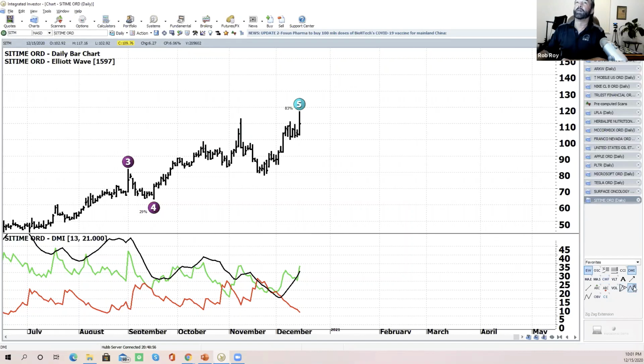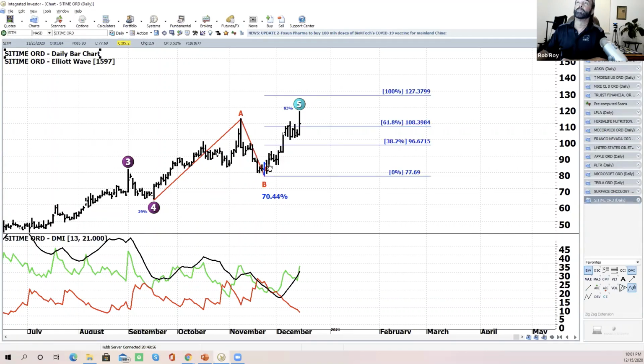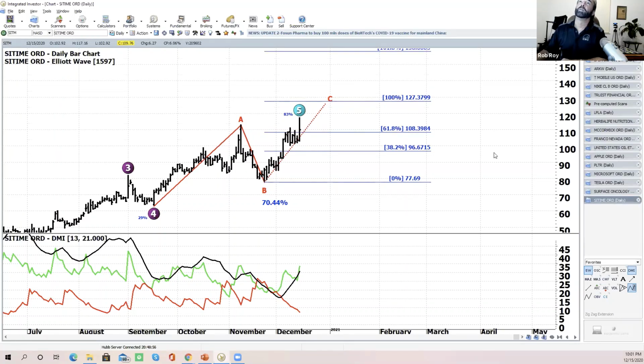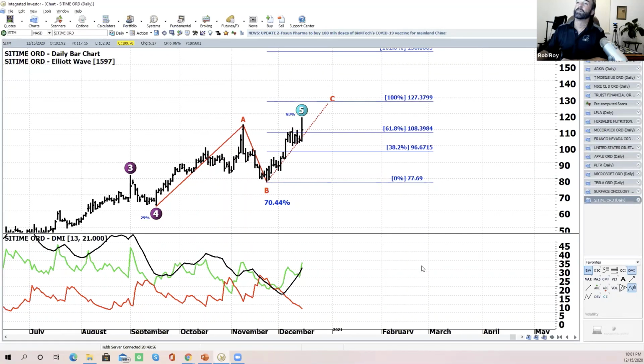So it looks like it wants to go to a 100% extension. There's 127. Seems like that's where it wants to go. So that looks pretty good to go higher.